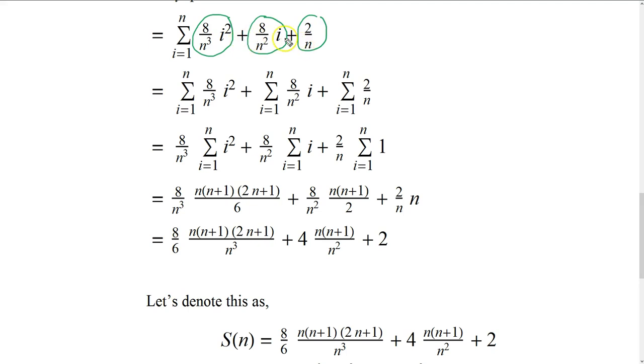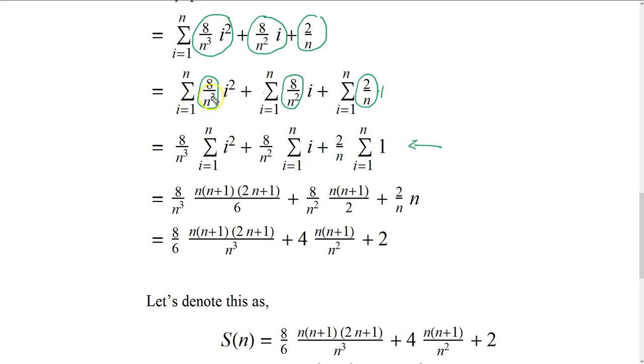You can do that because everything's being added. So we have the summation 8 over n cubed i squared plus this and this. Now, these are constants that do not depend on i. This is also a constant right here. Think of that as being multiplied by 1. So each of these can be moved out in front of their respective summations, and you end up with this.